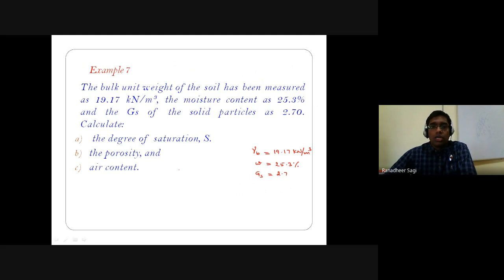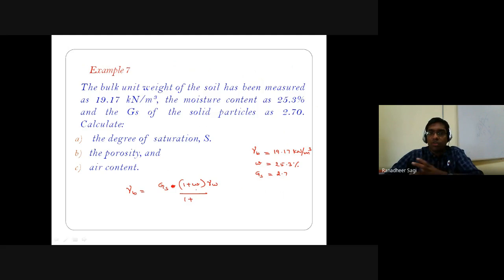Let us try to recall the correlations between gamma B, water content, specific gravity of soil solids, and degree of saturation. Gamma B is nothing but GS into (1 plus w) into gamma W by (1 plus e).